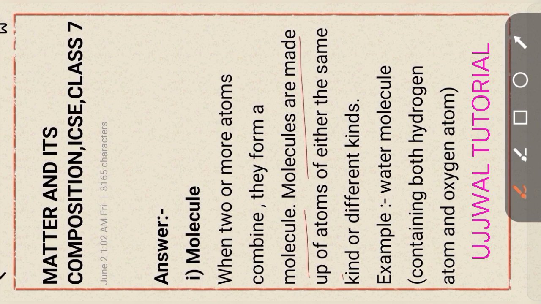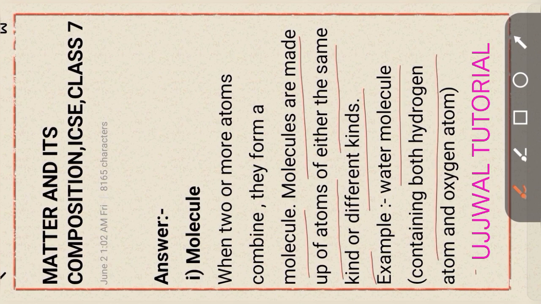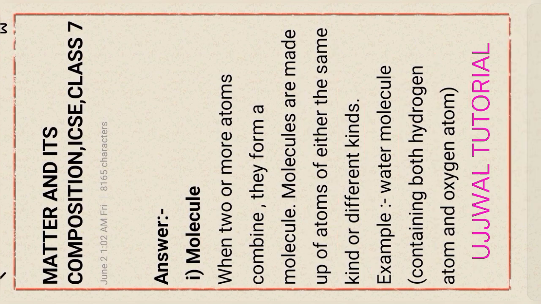Molecules are made of atoms of either the same kind or different kinds. For example, with different kinds of atoms, a water molecule contains both hydrogen atoms and oxygen atoms.